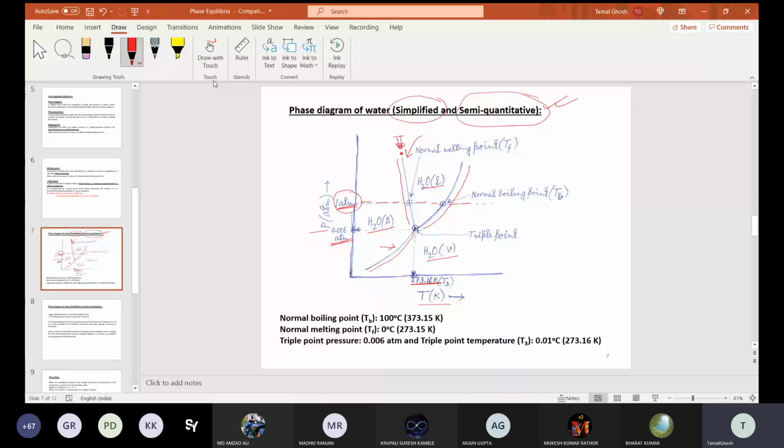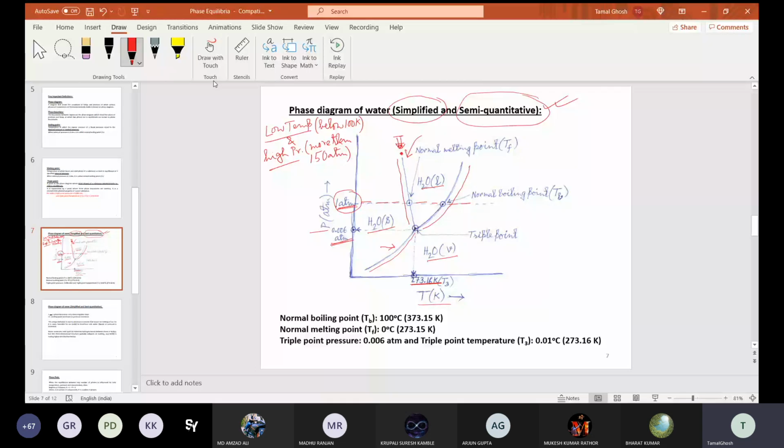Why? If somebody is considering the actual phase diagram, then at low temperature, below 100 Kelvin, and high pressure, more than 150 atmosphere, we will have some other phases which are not shown here.